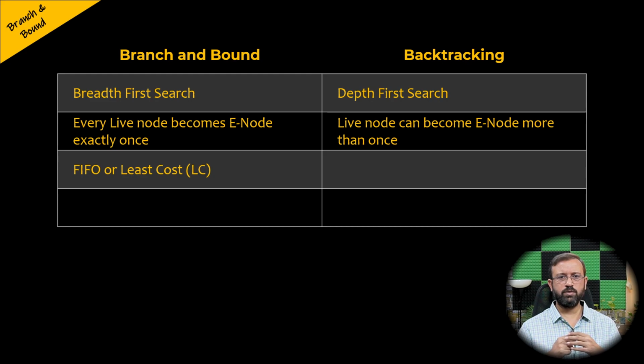The branch and bound strategy uses FIFO or least cost when selecting a live node which becomes an E node, so it uses queues or heaps to store the live nodes, whereas in backtracking, live nodes are selected in last in first out manner, so it uses stacks to store the live nodes.